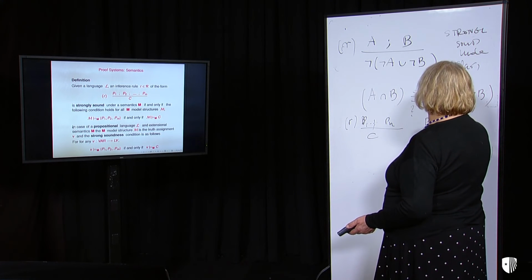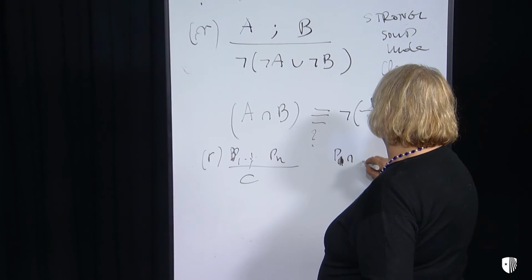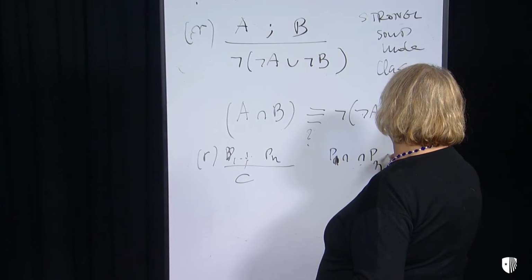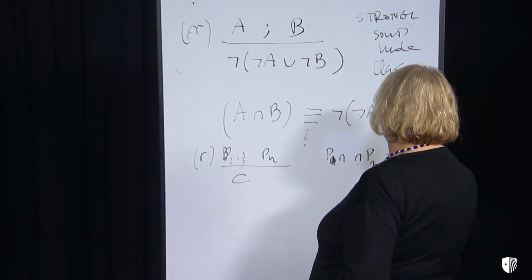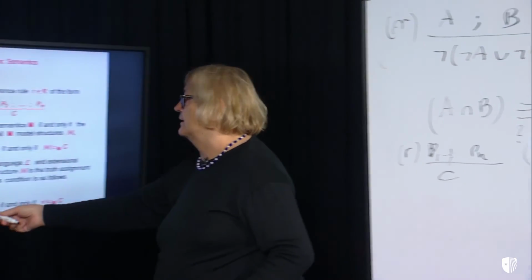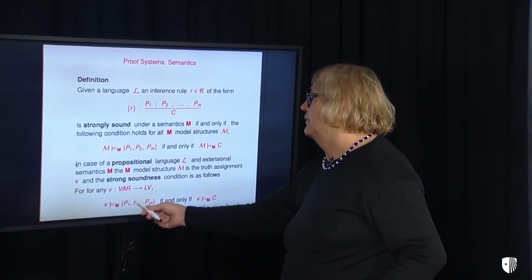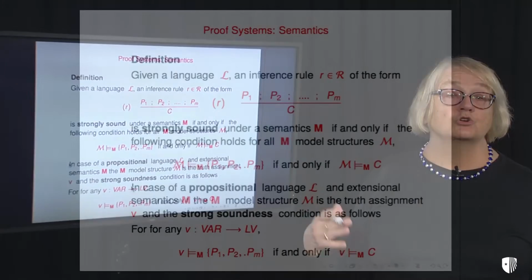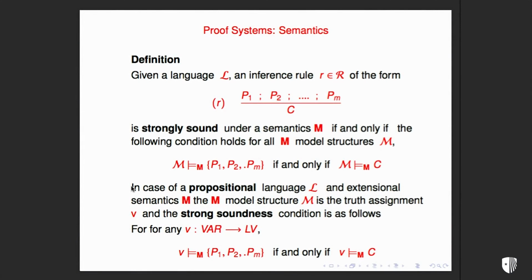That if the conjunction of all premises is logically equivalent to the conclusion, the rule is strongly sound. It corresponds to the fact that the conjunction of all premises if and only if the conclusion.